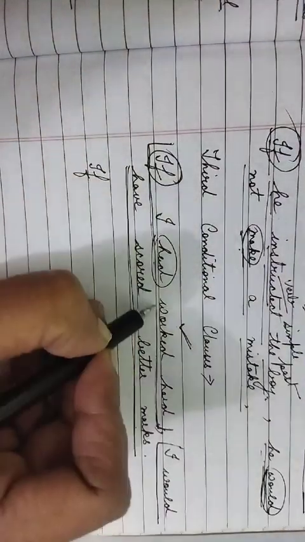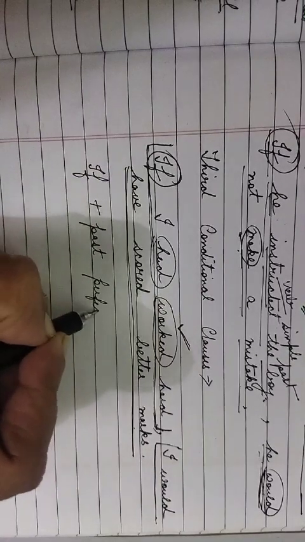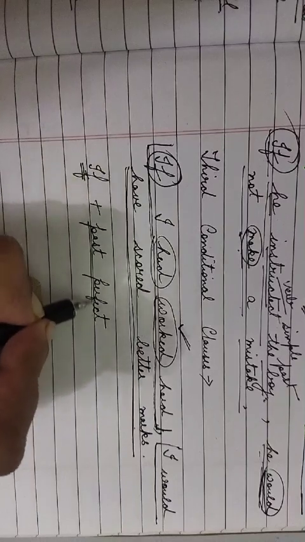The if clause, children, had and worked. I hope you recognize the tense here. Yes, this is past perfect tense. So the conditional clause will have which tense? Past perfect tense.